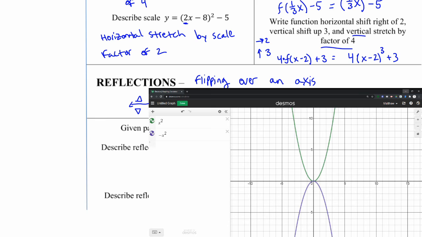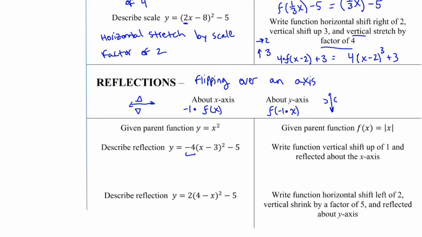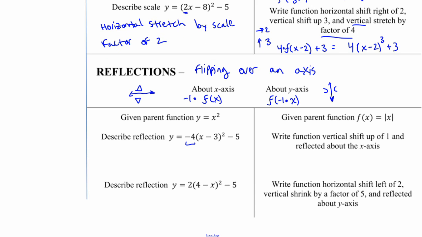So you want to think, where am I multiplying by a negative? Here I'm multiplying by a negative outside of the parentheses. So that means that this function should be flipping over the x-axis. So we should be reflecting over the x-axis. And we'll graph these in a minute to verify.